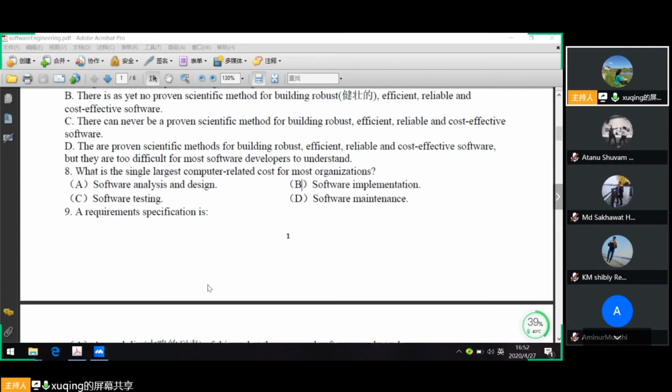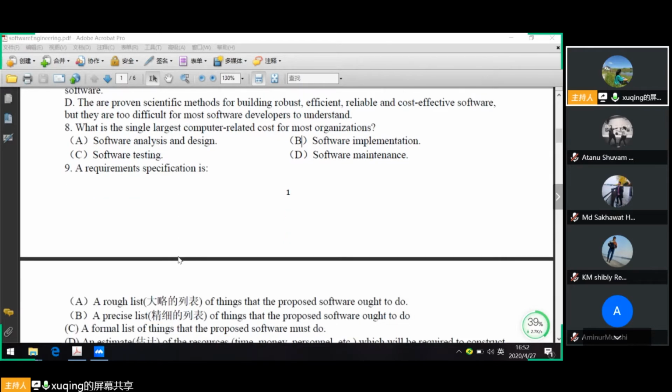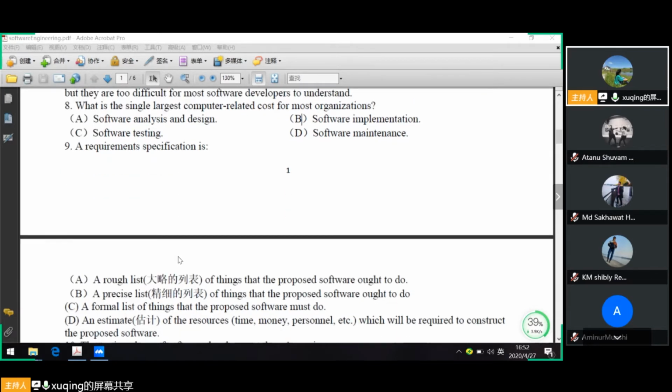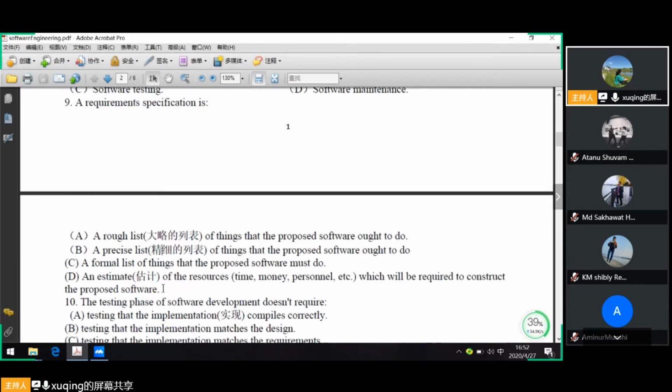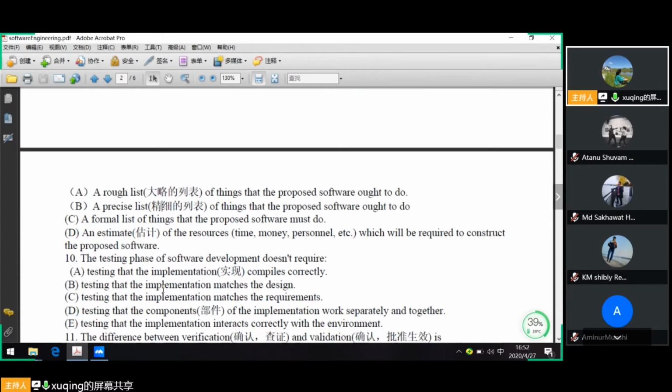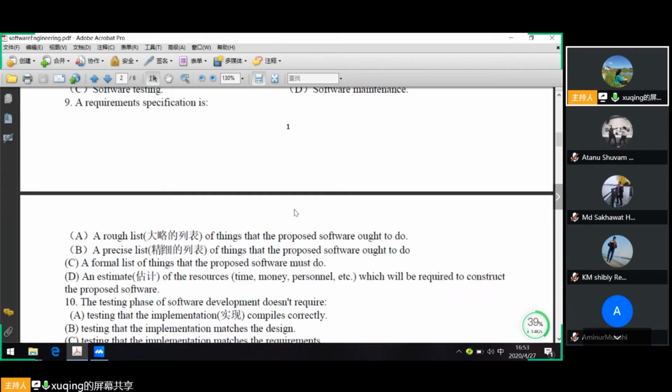And for the 9th, a requirement specification. What is a requirement specification? Here, we have several choices. A rough list of things that the proposed software ought to do.